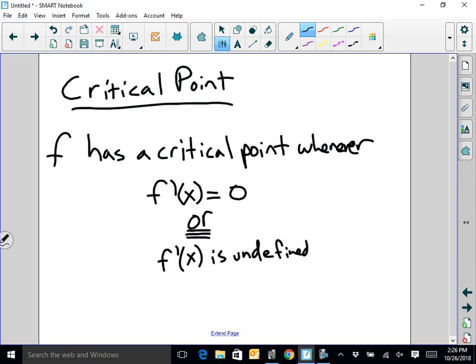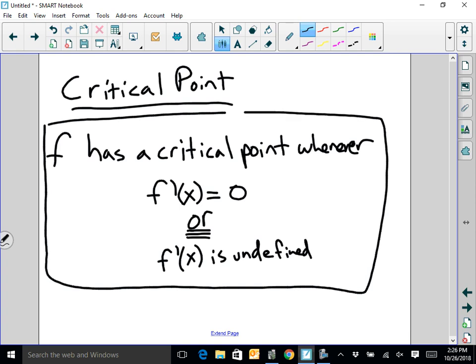So f has a critical point whenever f prime of x equals 0 or f prime of x is undefined. That is our definition. Super, super, super important. So box that in your notes, put a highlighter around it, do whatever you do to be able to call your attention to that when you need it. Okay?